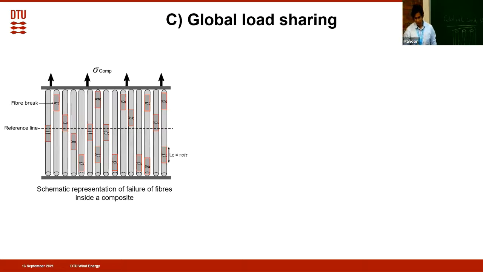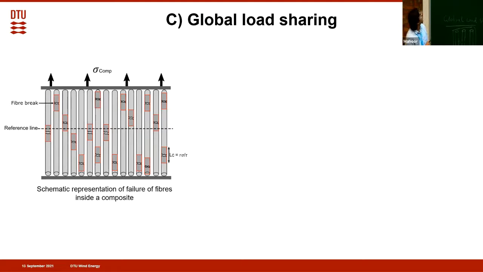Now we talk about global load sharing. When we apply a stress on a composite, fiber breaks, represented here, happen randomly across the whole composite. Then we take a reference line and do our analysis across this reference line.